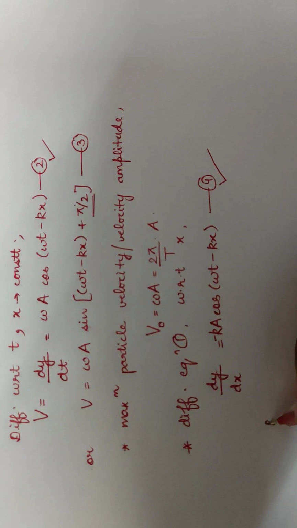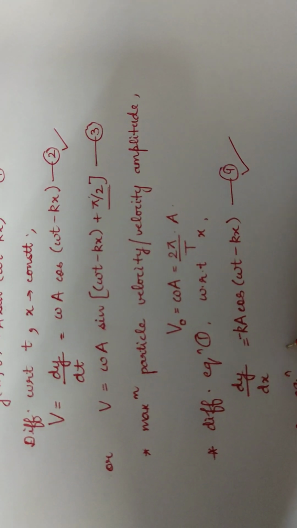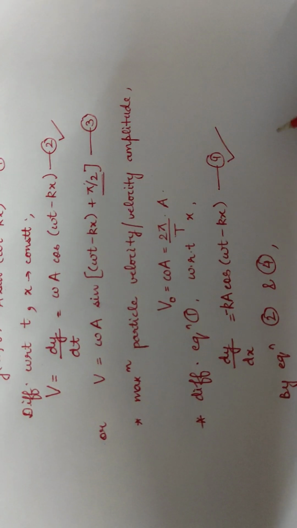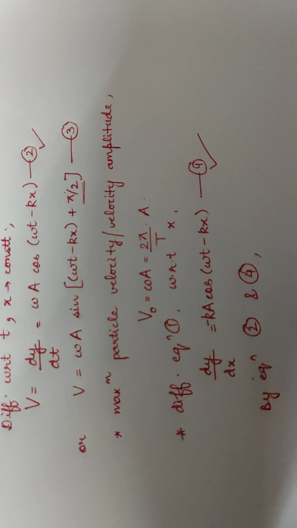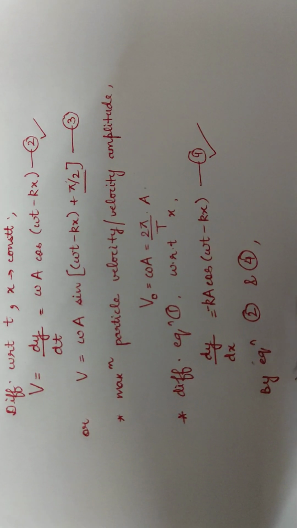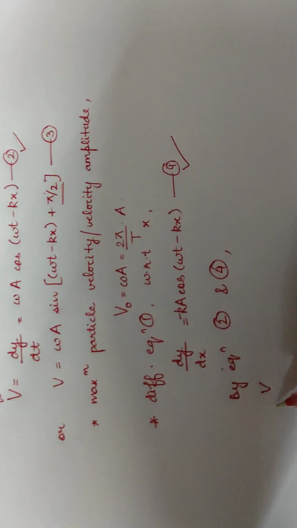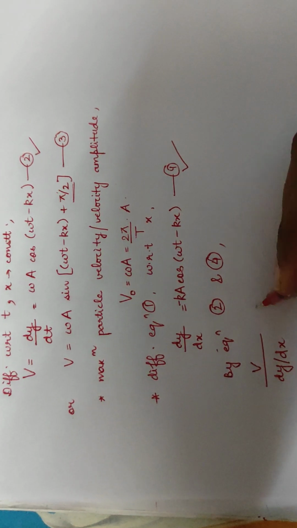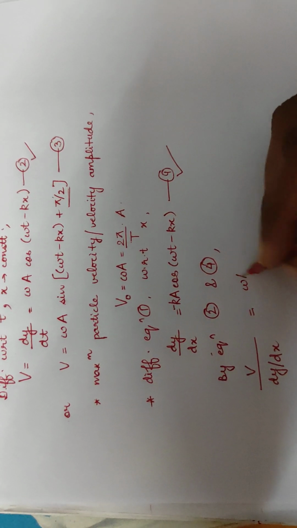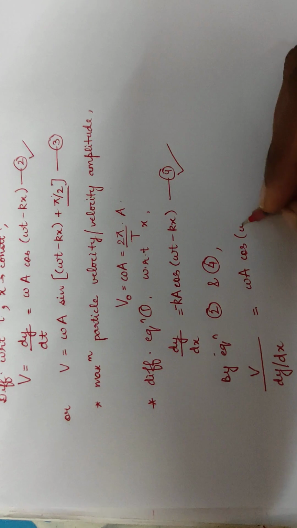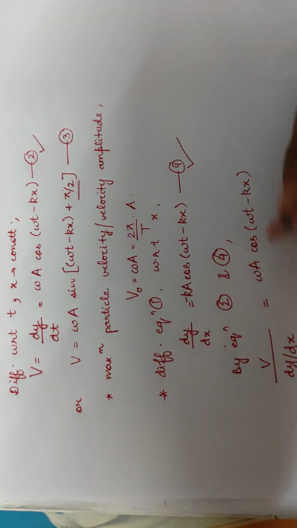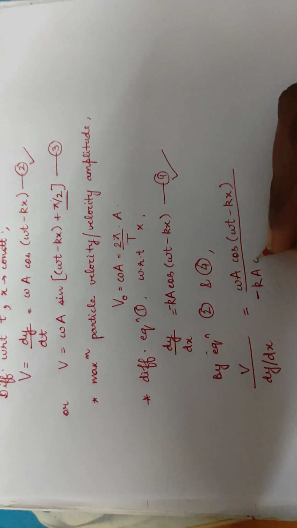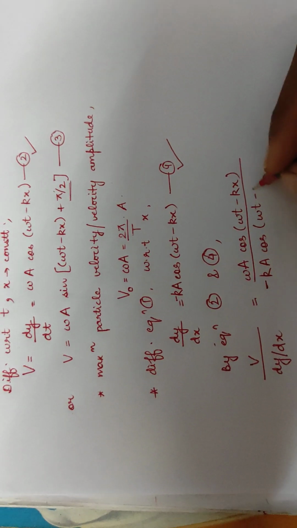By these equations, if I divide these two, dy by dt by dy by dx, where dy by dt is equal to v, so v by dy by dx is equal to what? v is equal to omega a cos (omega t minus kx), whereas dy by dx is equal to minus ka cos (omega t minus kx).